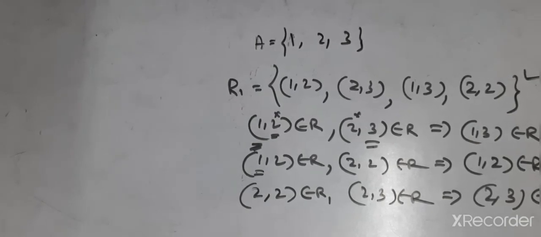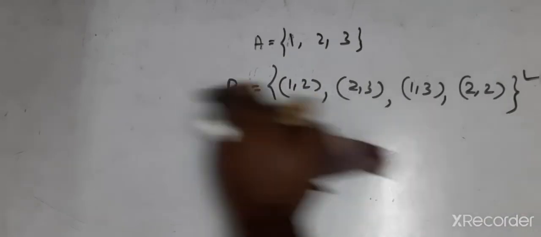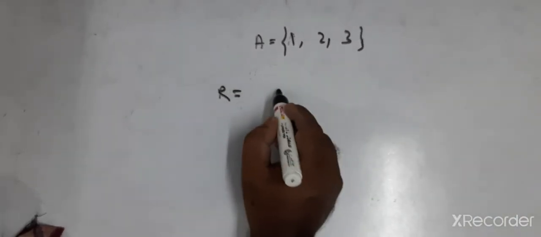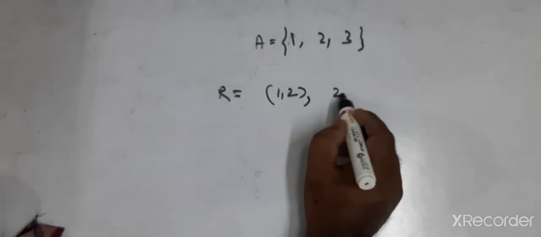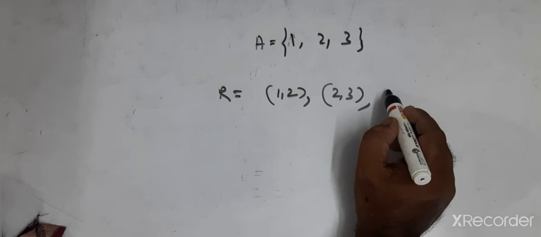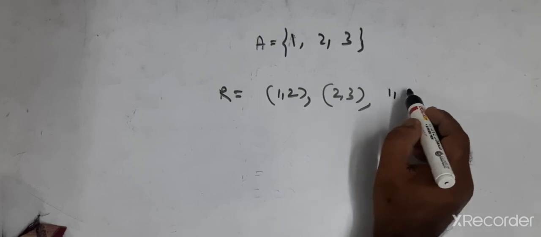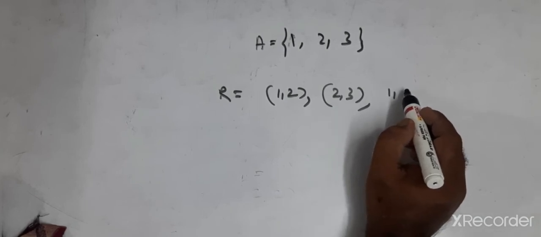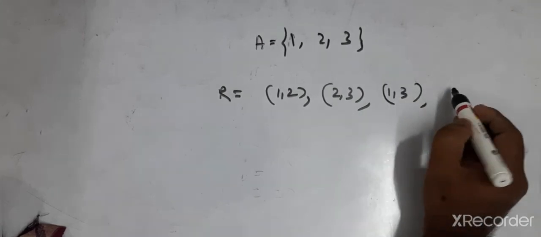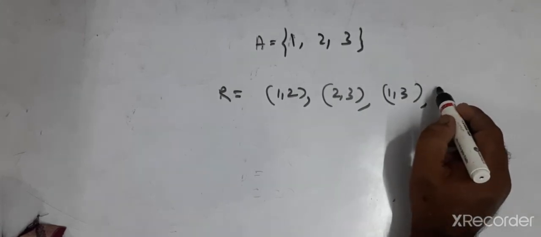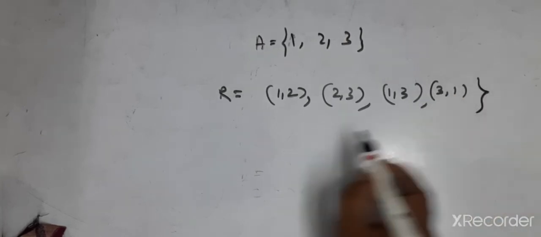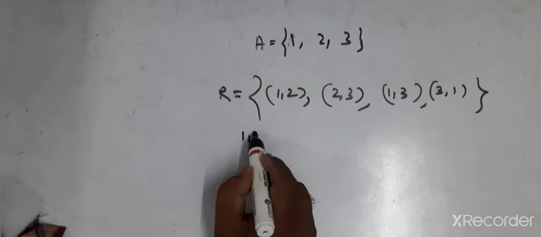Next you take another example. Say R equal to (1, 2), (2, 3), (1, 3), then (3, 1). Clearly (1, 2) is present here.